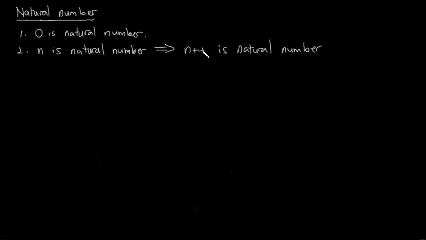You can just think of it as another natural number in this form. According to axiom 1, 0 is a natural number. According to axiom 2, if n is a natural number, then n++ must be a natural number.